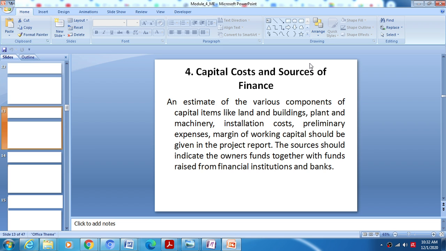Okay, so every component that contributes in starting up the project. For example, land, building, plant, machinery, manpower. Okay, machinery's installation cost, expert cost, or there are n number of costs that one should go through before starting up the project, and that should be clearly indicated.